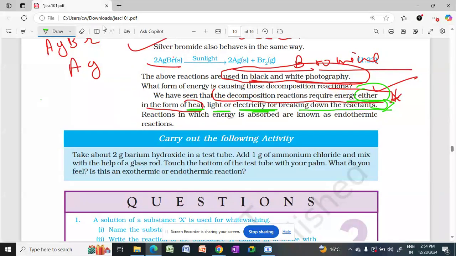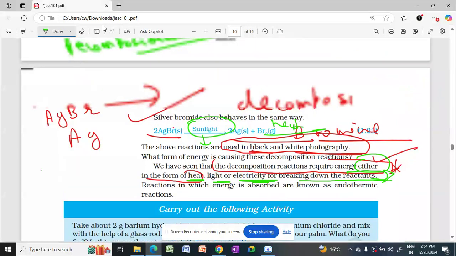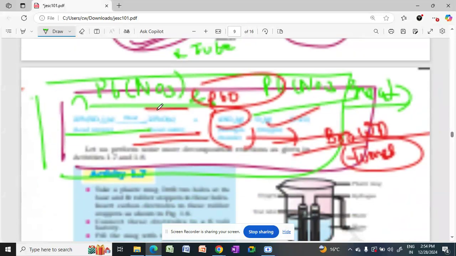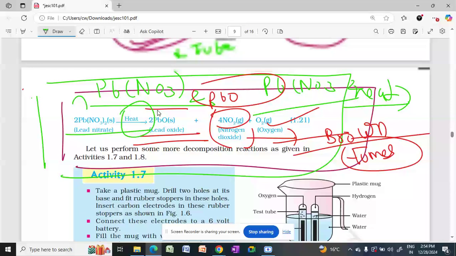Okay, so from where will this energy come? These are the conditions you can see here, for example sunlight, or you are simply heating. In the above reaction also you have just seen heat.